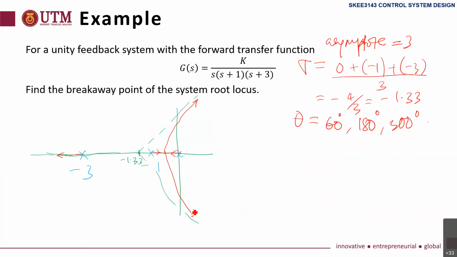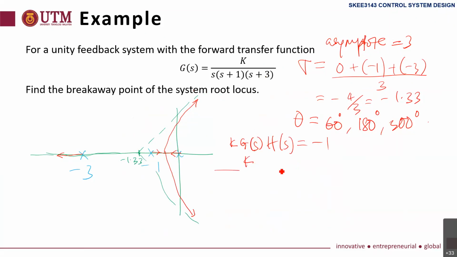Now we want to proceed to find the breakaway point. I mentioned that G(s)H(s) equals minus 1. In this case, H equals 1.